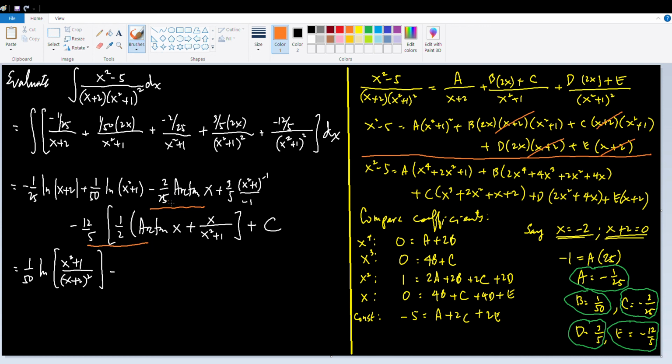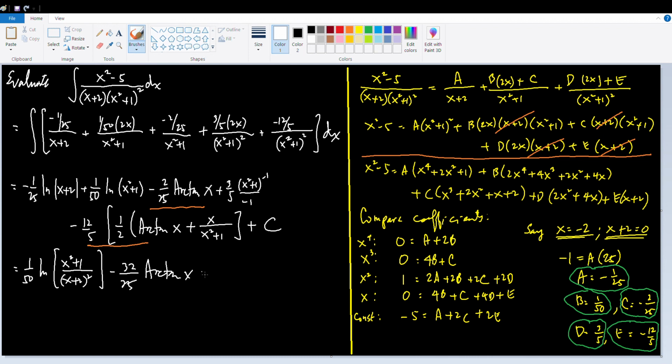So negative 2 over 25 and negative 6 over 5: that will be negative 2 minus 30 over 25, negative 32 over 25 arctangent of x.